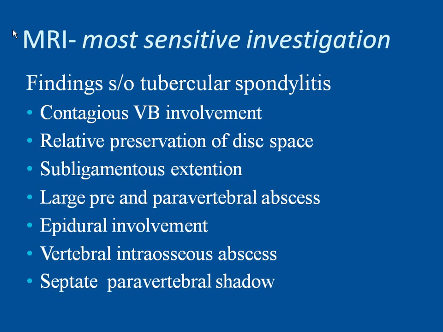The findings of tubercular spondylitis would be contiguous vertebral involvement, relative preservation of the disc space, and subligamentous extension of the lesion with large pre- and paravertebral abscesses, which can be very well distinguished. Early epidural involvement can be found out, a vertebral intraosseous abscess can be diagnosed, and septate paravertebral shadows can be seen on classical MR pictures.